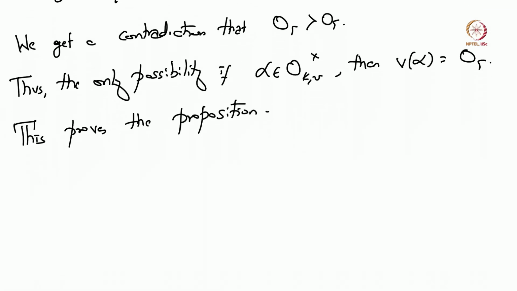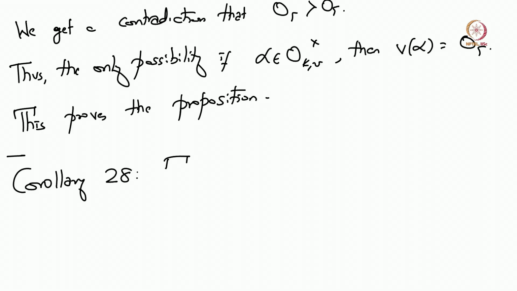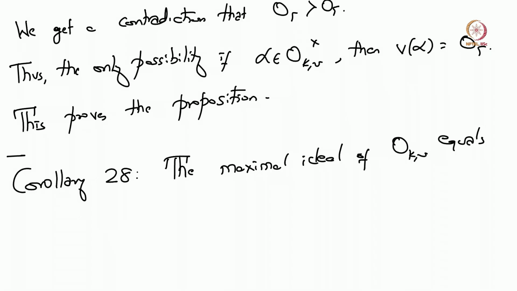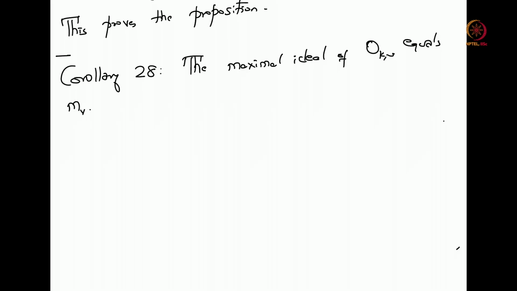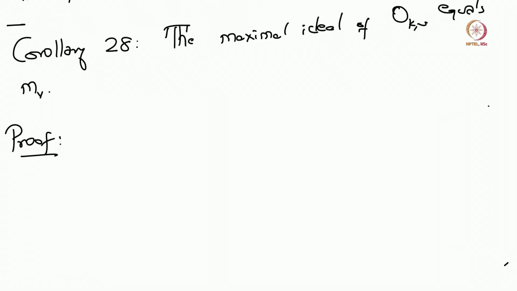Okay, and so an immediate corollary to this proposition is that the maximal ideal of OKV equals MV. Okay, let's go to the proof of corollary 28. And let's start by recalling what MV was.